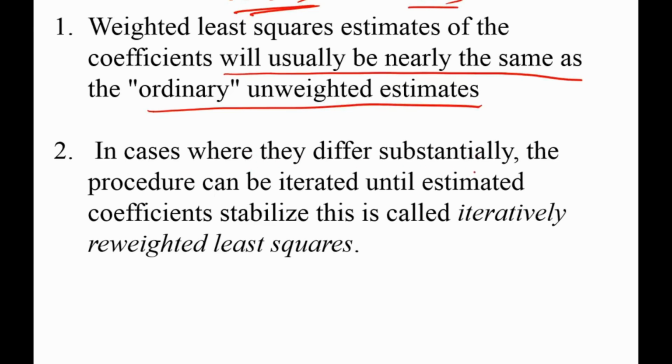In cases where there is a substantial difference in the OLS and WLS estimates, you should do a scrutiny, or a more thorough investigation of the estimation process, and you should do it more iteratively, so that the coefficients will stabilize, and that's what we call iteratively re-weighted least square.